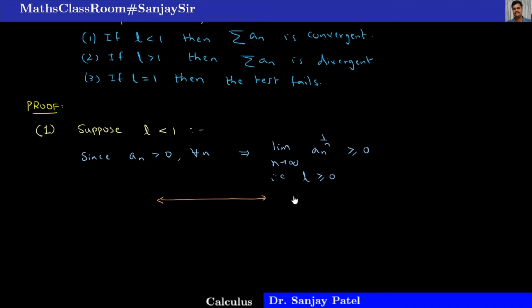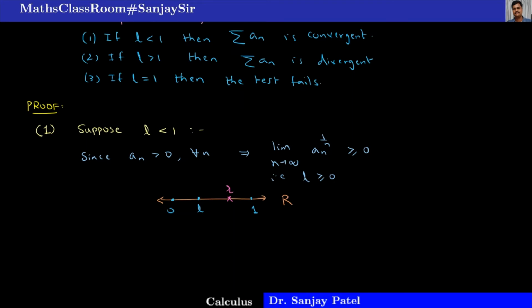So suppose this is our number line and we have two numbers here, one is 0, another is 1. The number L is between 0 and 1, so suppose it is somewhere here. Now we choose another number, say small r, such that L is less than r and r is between 0 and 1. So we choose another number r between L and 1 in fact. So let us write that.